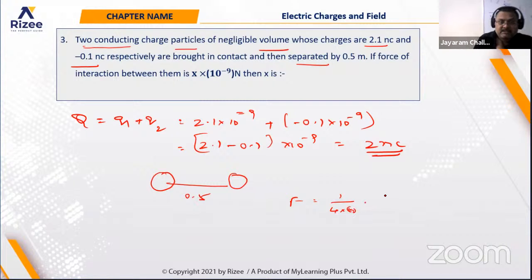Charges. What are the charges between them? One charge is how much? 2.1 into 10 to the power of minus 9. Another charge, or you can substitute the total charge here instead of this, where you can write it as a total charge, Q1 into Q2, that is 2 into 10 to the power of minus 9 nanocoulombs by distance of separation is 0.5 whole square.